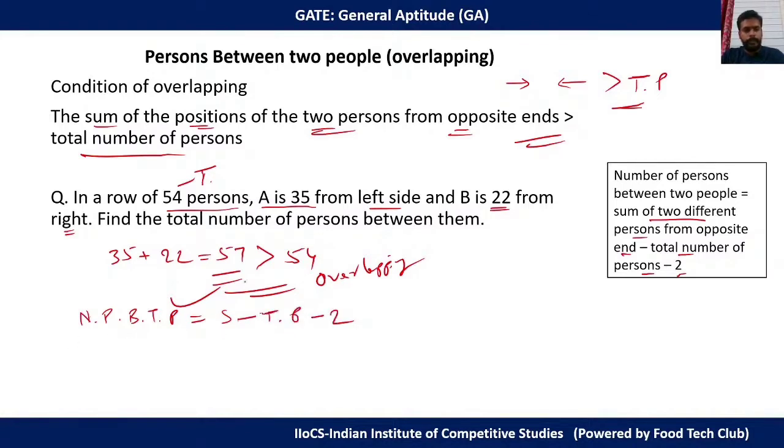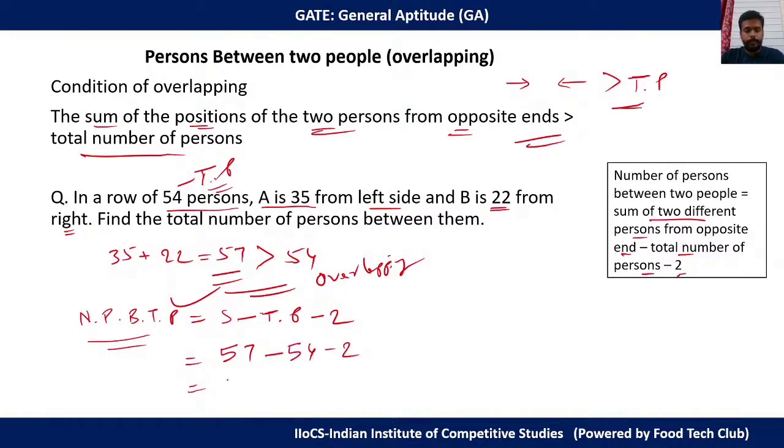Now what are the things I have been given? Total number of persons is given as 54. I have to find out the number of persons in between. How much is the sum? We got 57, right? So 57 minus the total number of persons, 54, minus 2.